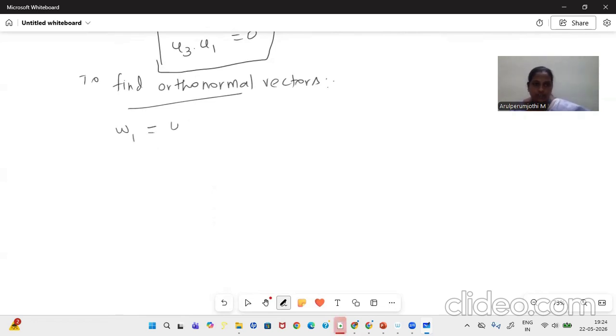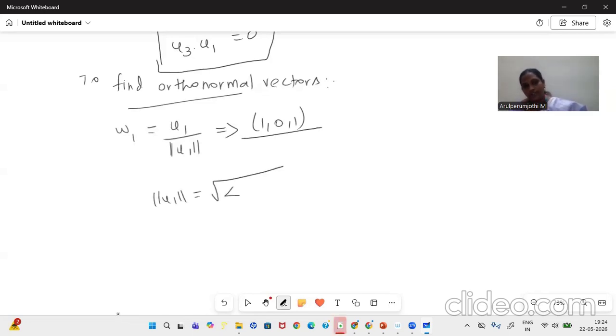First we'll find u1, that is, w1 is equal to u1 divided by norm u1. So what is your u1? (1, 0, 1). What is norm u1? It is nothing but the square root of the inner product of u1 comma u1.